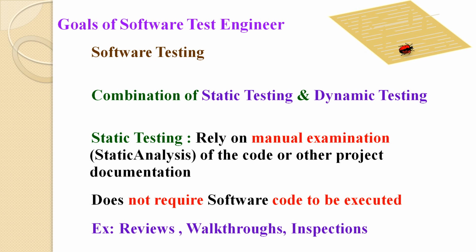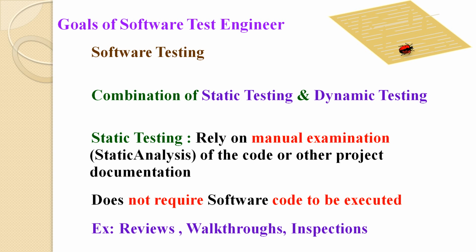These three are the static testing techniques. Software test engineers have to perform reviews, walkthroughs and inspections. Software developers will also perform reviews, walkthroughs and inspections. So we will have a separate session on reviews, walkthroughs and inspections.